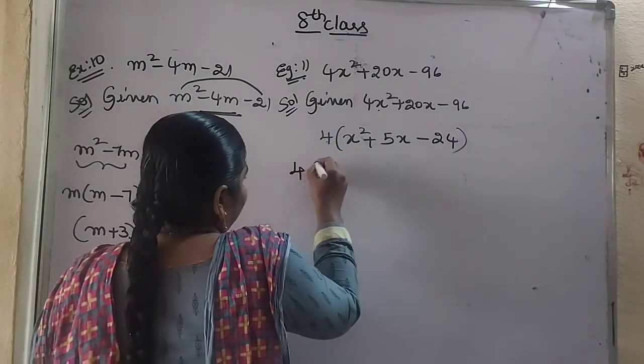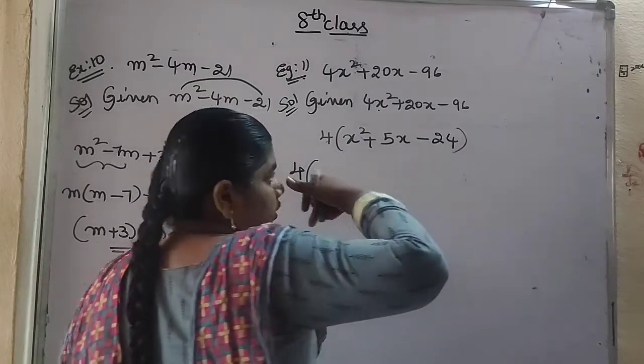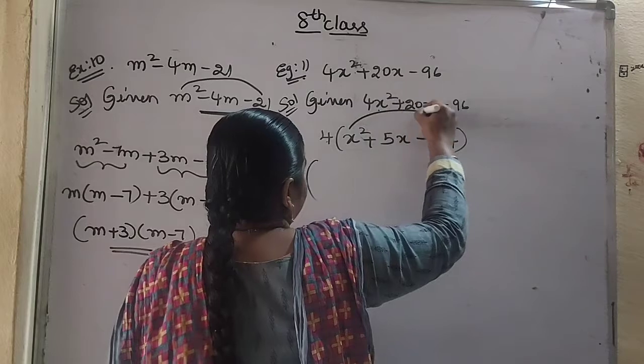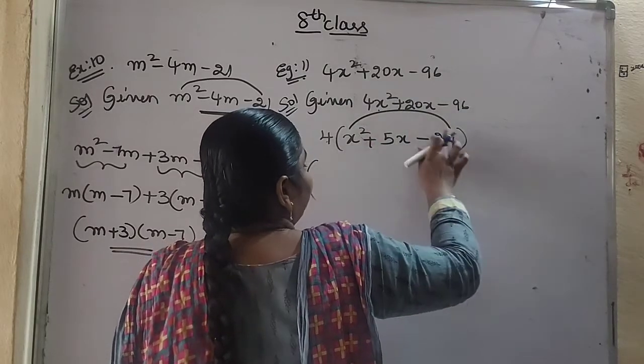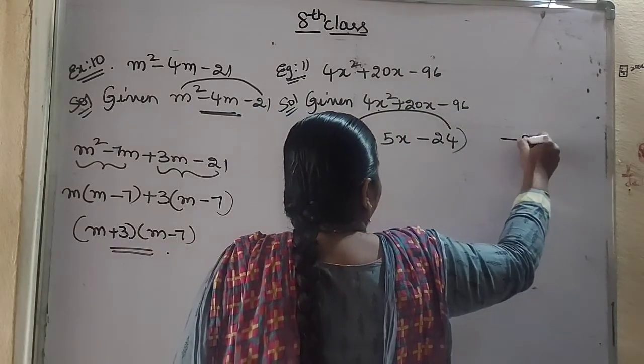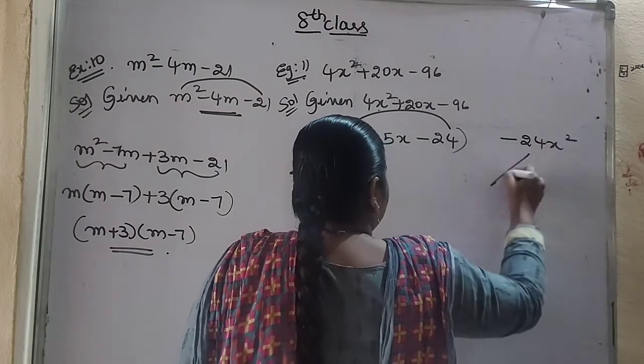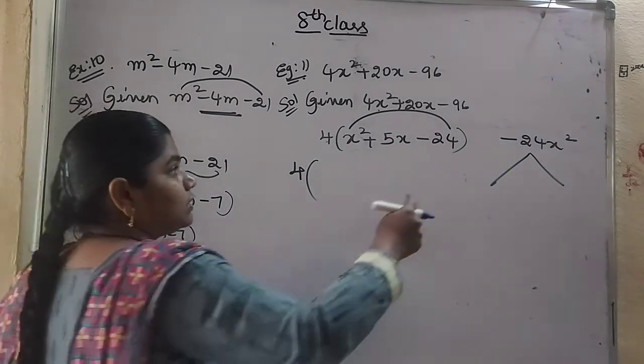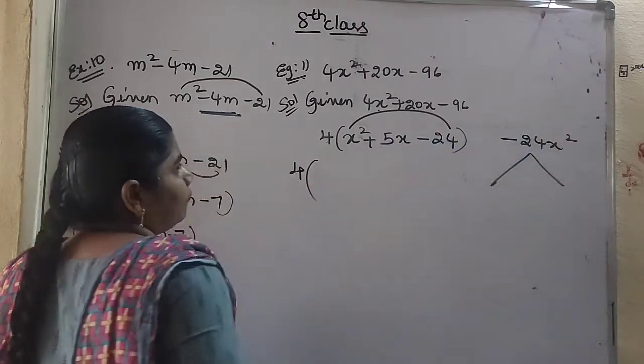How do we factorize? Here the first term and last term are not in the form of squares, so we directly multiply the first term and last term. If you multiply these two terms, it will be minus 24x square. If you multiply you should get 24, and if you subtract the numbers you should get 5x.